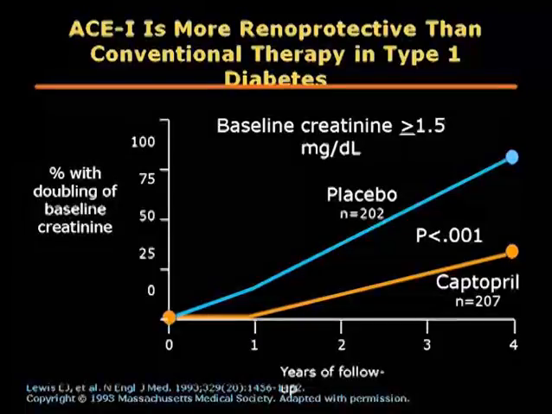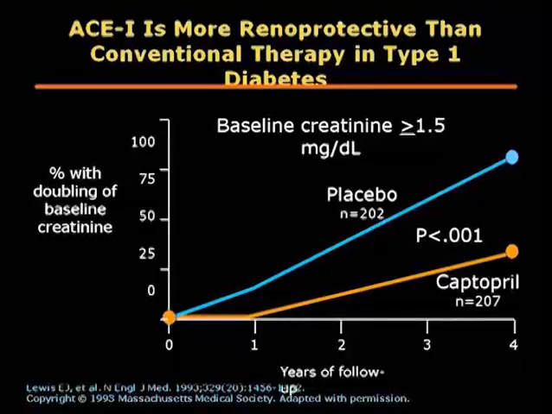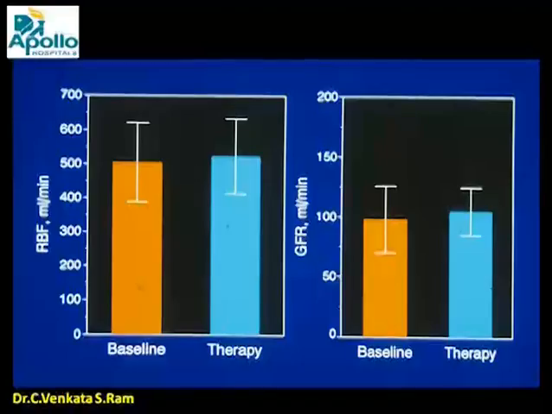It does not prevent it, but the progression of renal disease was inhibited by an ACE inhibitor. It was demonstrated for the first time that ACE inhibition might be useful in preventing the progression of diabetic renal disease. And subsequently, there was a lot of interest in ACE inhibition and its protective effect on the kidney. And this is actually published but not shown here.